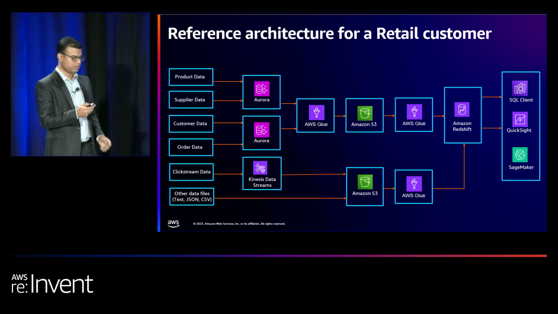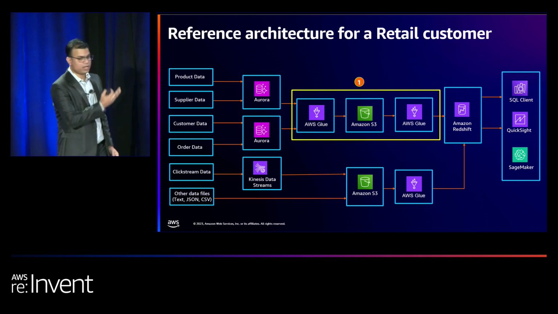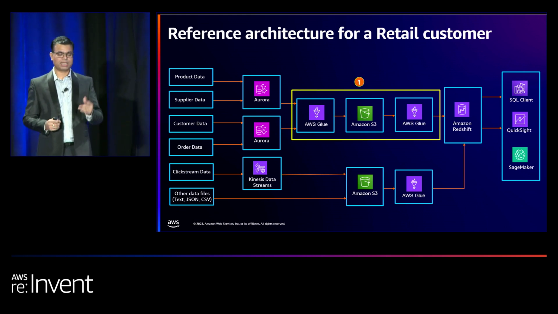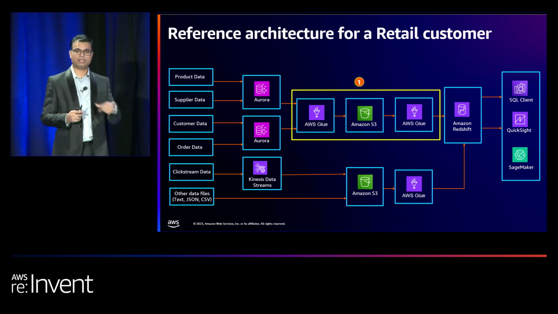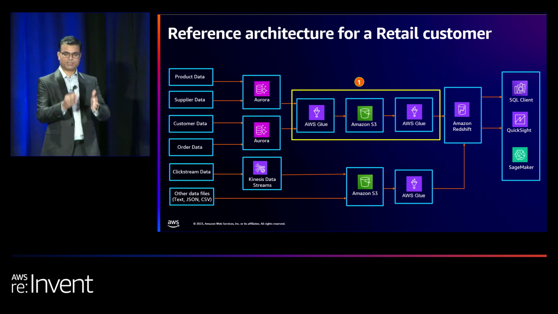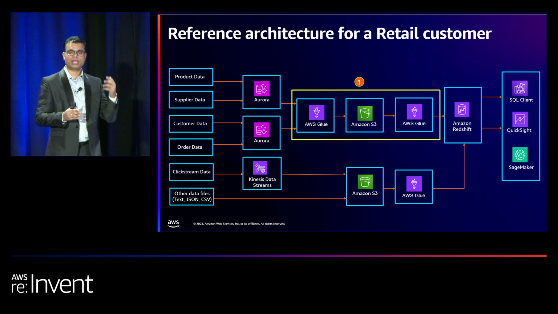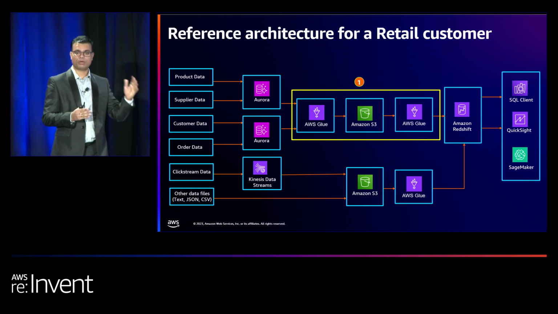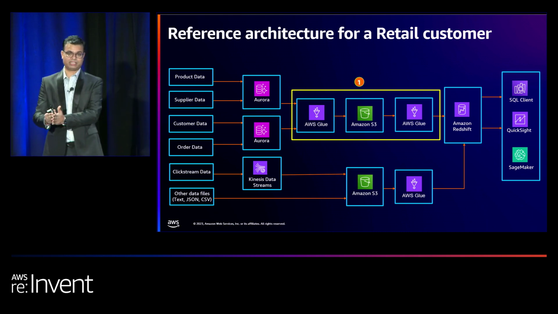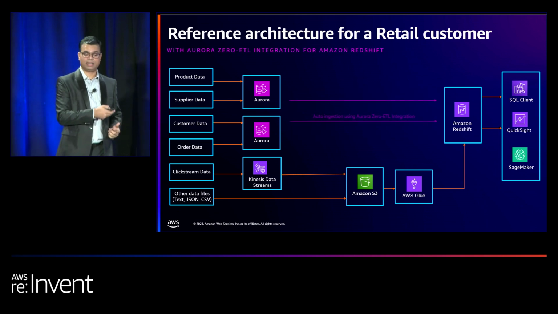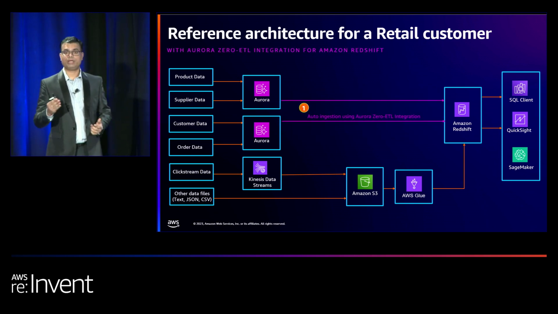So first, as you see, the three boxes, AWS Glue, S3, and Glue under the yellow box. This piece, you are running so that you can consolidate multiple Aurora databases into Amazon Redshift. And this you can actually replace with the feature I explained earlier, Amazon Aurora zero-ETL integration with Redshift.